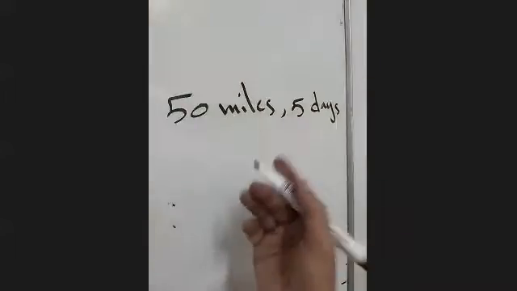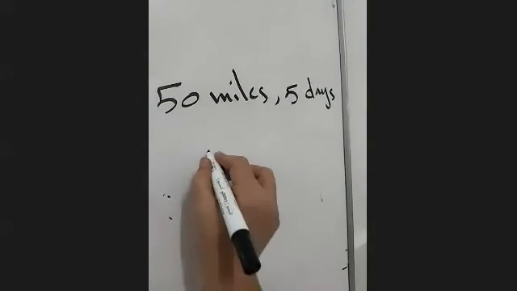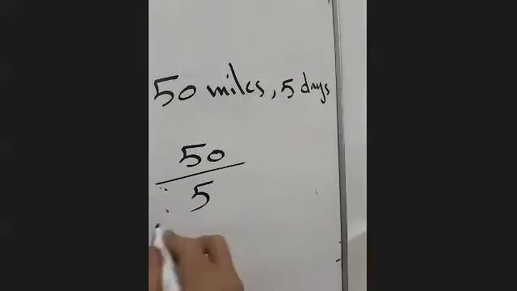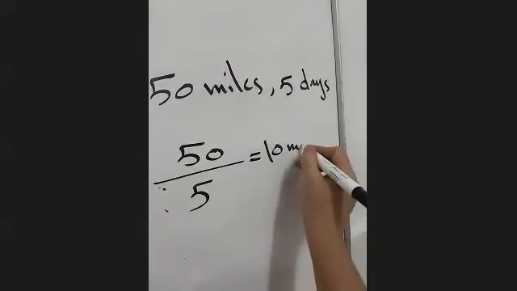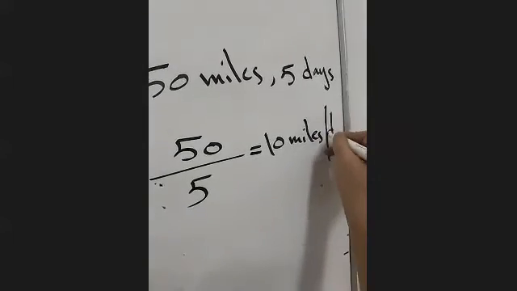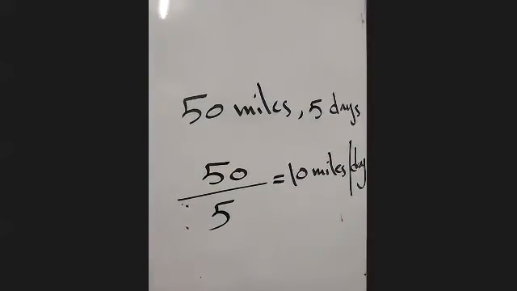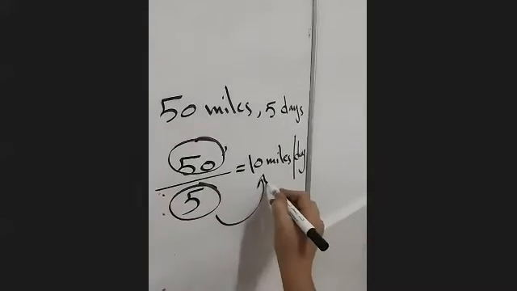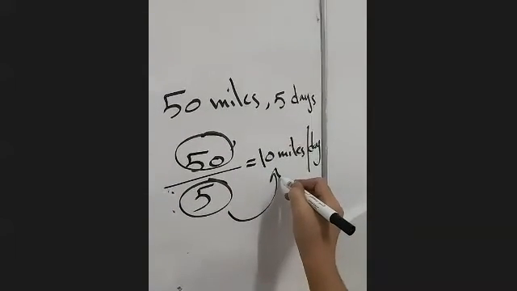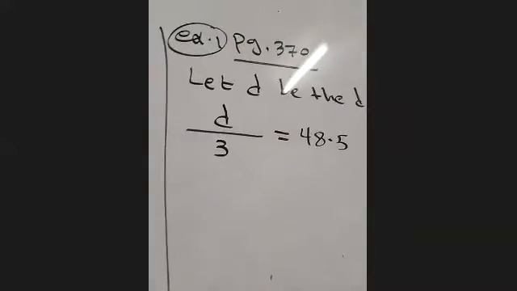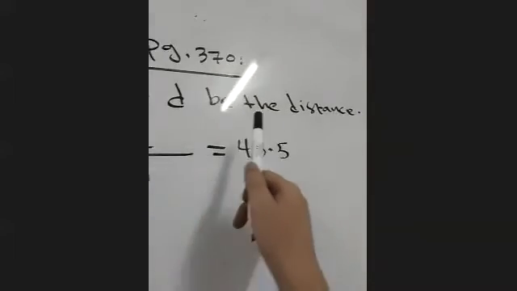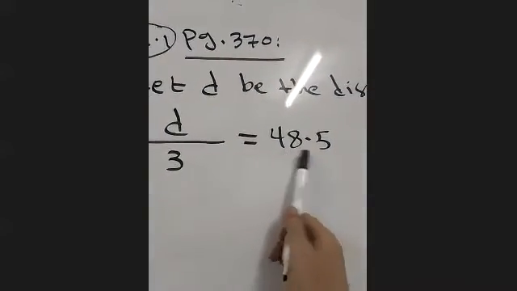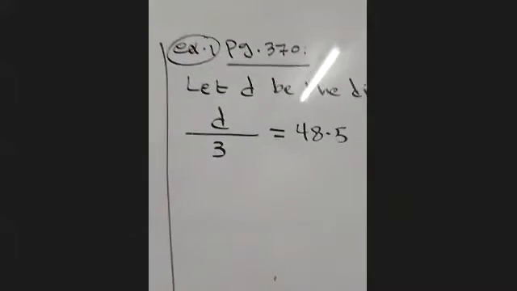From where do we get the 10 miles? We divided the distance over the days, which is 5. So we divide the total distance by the number of days to get the answer. This is what we did here. The total distance is unknown, and we have the 3 days and we have the answer. This is our equation. Do you understand it?